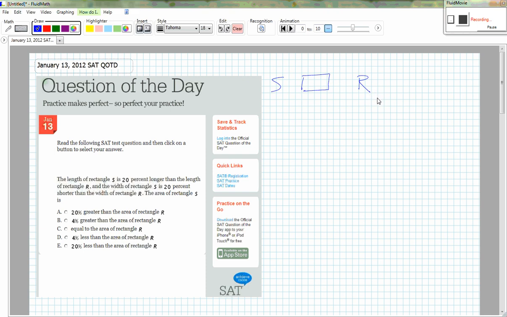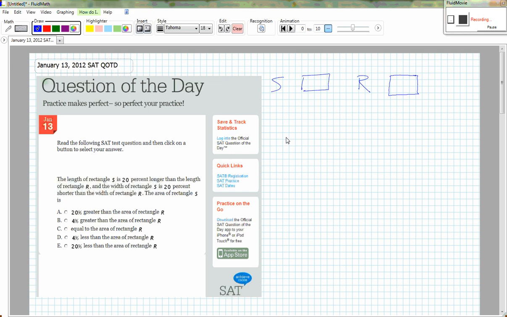So the length of rectangle S is 20% longer than the length of rectangle R. So R is going to be a little bit shorter than rectangle S. And then the width of S is going to be 20% shorter than the width of rectangle R. R is shorter in length, but wider in width than S. So maybe approximately like that.